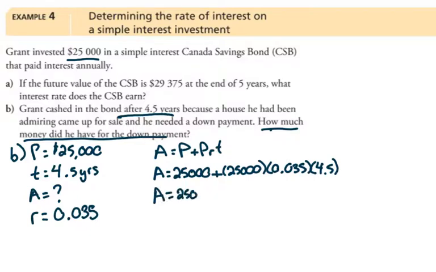So we get 25,000 plus this multiplies out to 3,937.5. Adding those gives us 28,937.5.